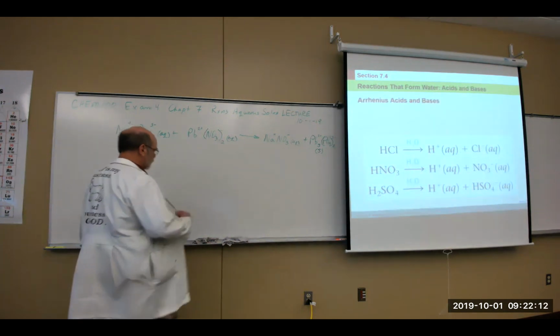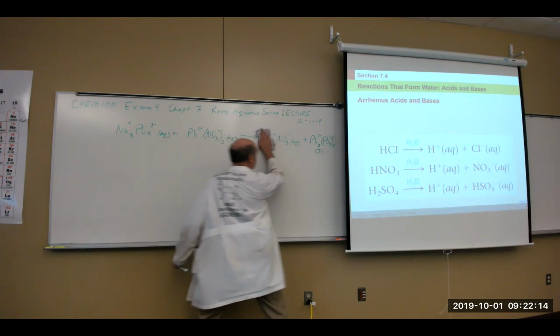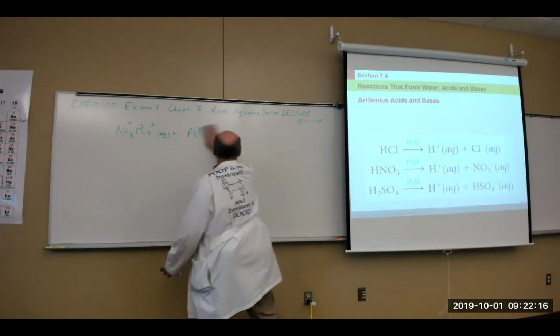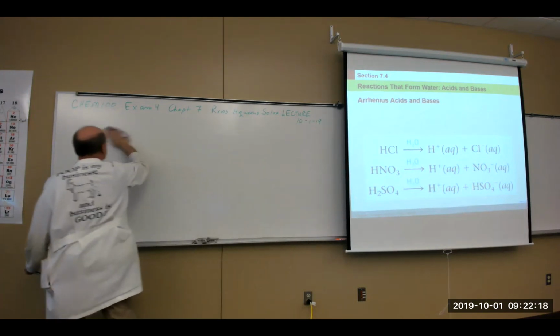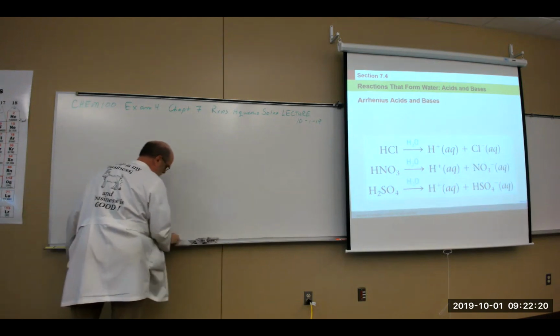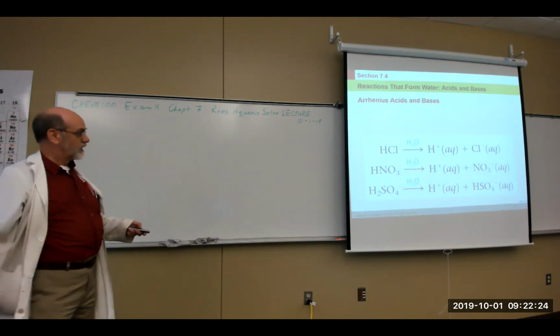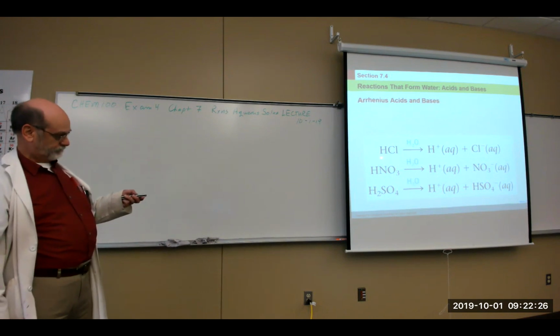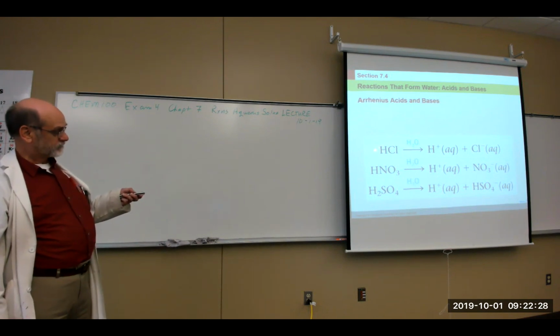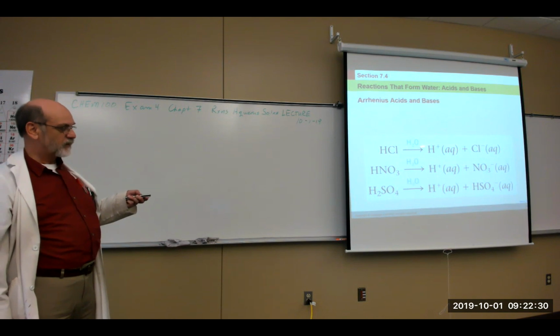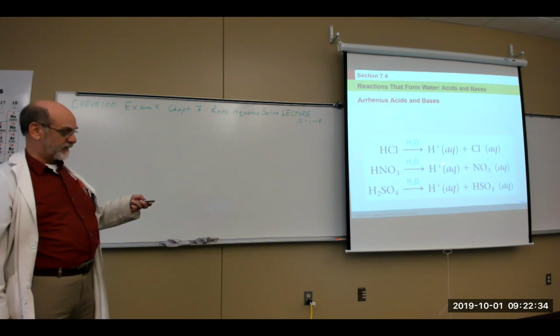All right, so what happens when we put an acid in solution? Well, at least one of the hydrogens dissociates. Right? For strong acids, like this one, hydrochloric acid, complete dissociation in aqueous solution. Nitric acid, same.